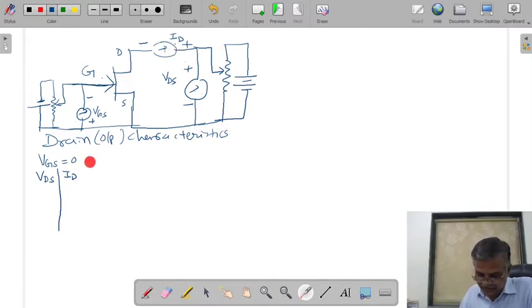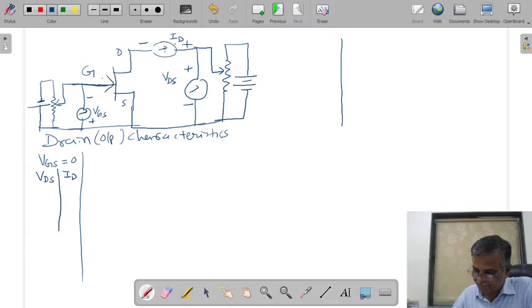The graph of drain current versus VDS is shown in the figure. So I am showing you the drain current versus VDS graph. Here is VDS, and here your drain current.